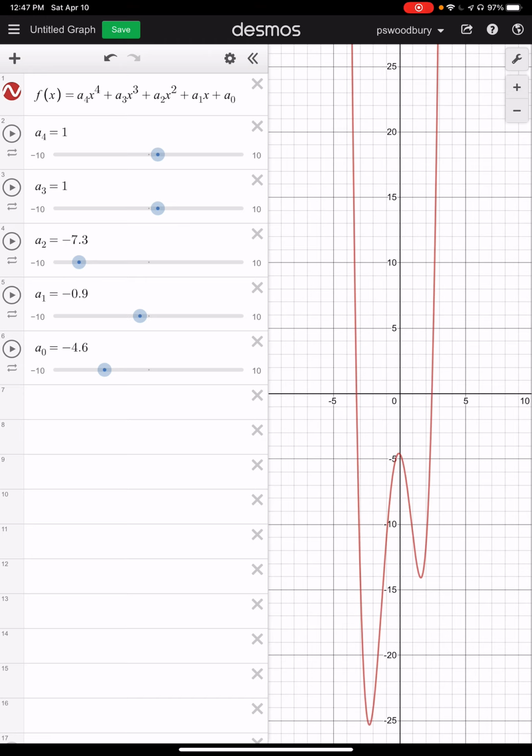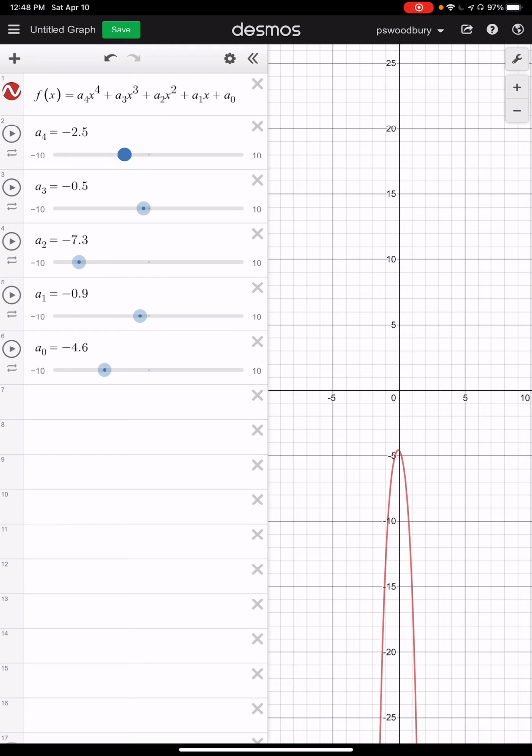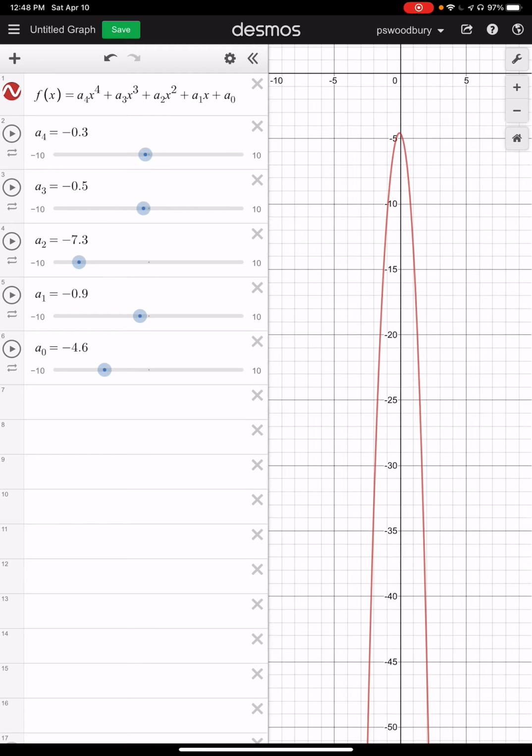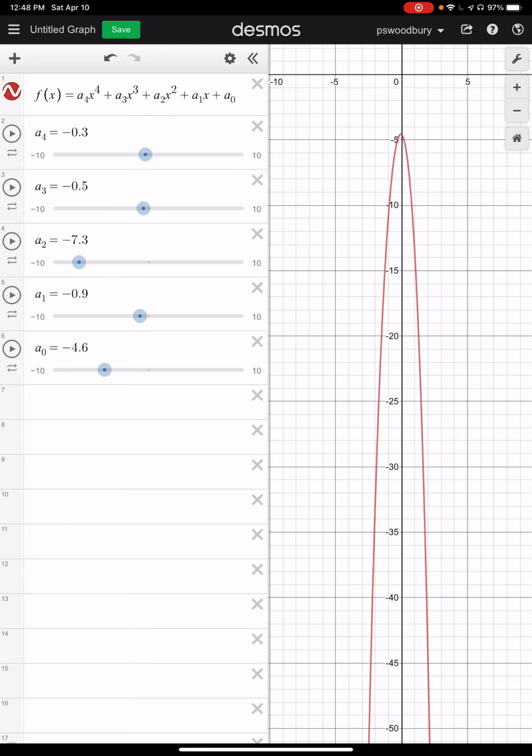As I change that value, the look and feel of the graph changes. If I make a sub 4 negative, then my end behavior changes, and instead of both ends going off towards positive infinity, now I have both ends going off towards negative infinity.